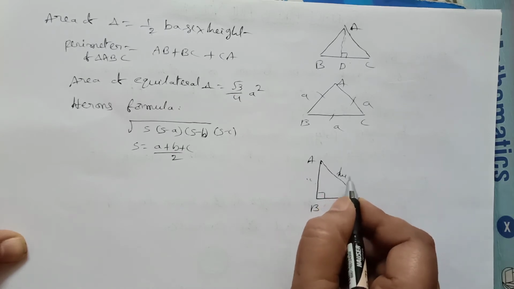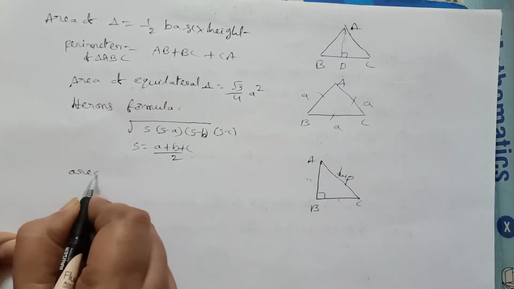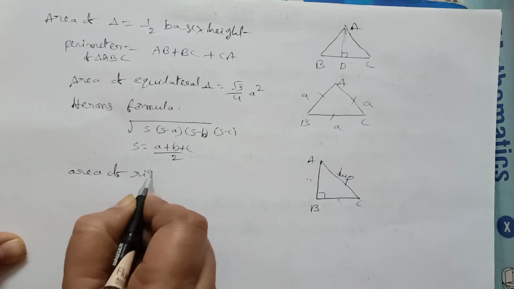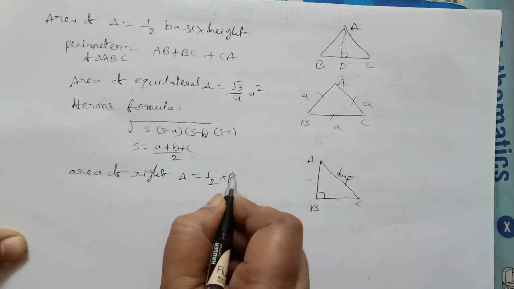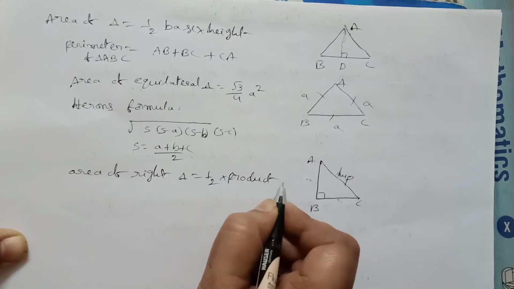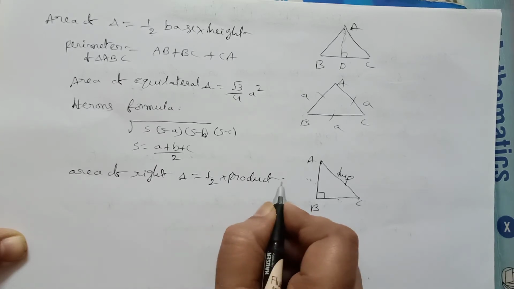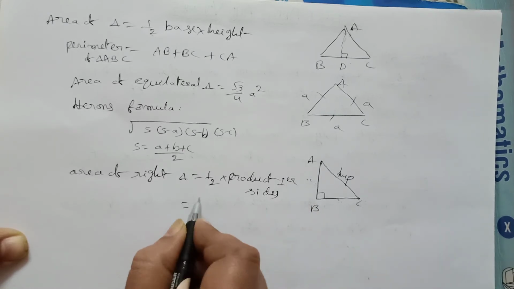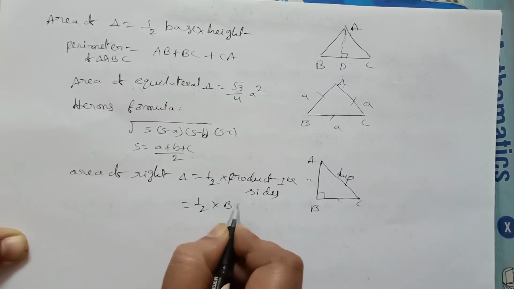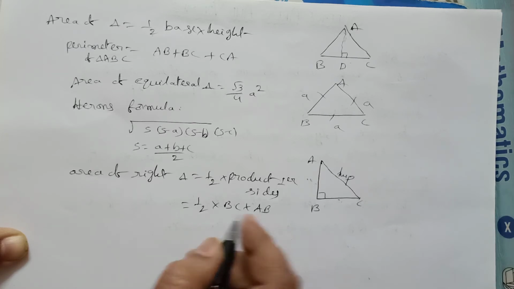This is the hypotenuse. So area of right triangle is equal to half into product of perpendicular sides. So here half BC into AB.